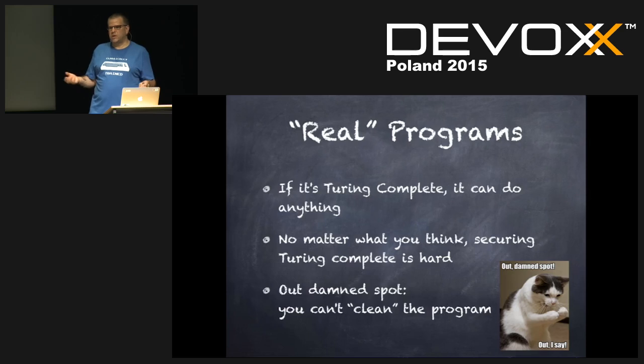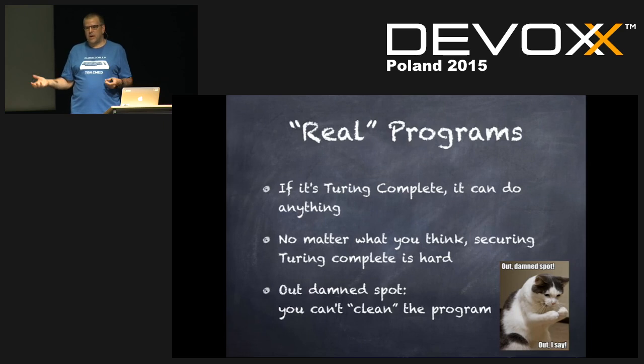It's really, really hard to clean the program, to figure out, okay, is it doing something that we're not intending? Is it doing something that's malicious? Looking at Shellshock, how did the folks who wrote Bash try to interpret the data as data versus executable shell script? They used a regular expression.